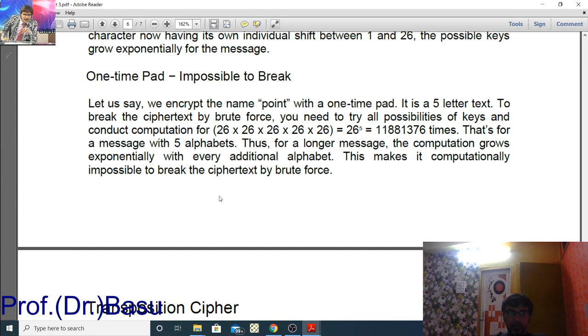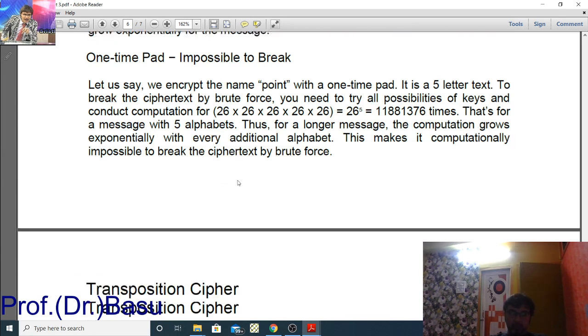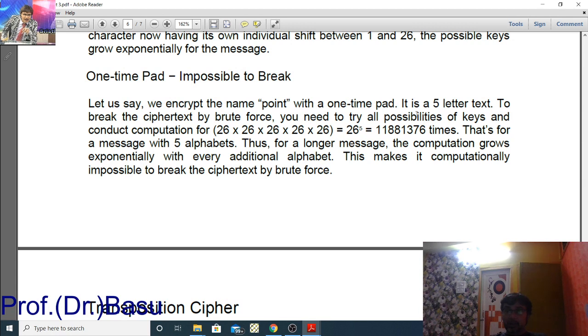So this one time pad is impossible to break, because this 5-letter text is a very small one; generally we have a big number of letters in a plain text. Just imagine how many permutations may occur. What happens in the system is that when one key is generated, the next key is changed.